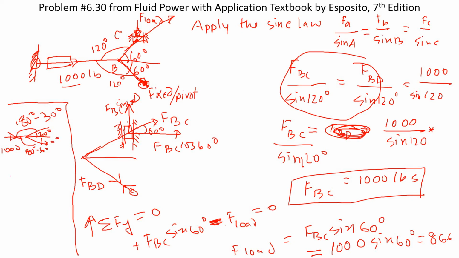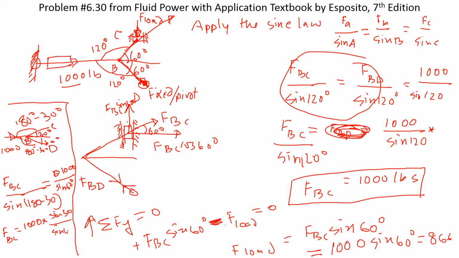By the sine law, that's B, that's C, and that's D. FBC divided by the sine of the opposite angle, sine of 180 minus 30, is equal to 1000 pounds divided by the sine of the opposite angle, 60 degrees. Sine 180 minus 30 is sine 30. So FBC would be 1000 pounds times sine 30 divided by sine 60.